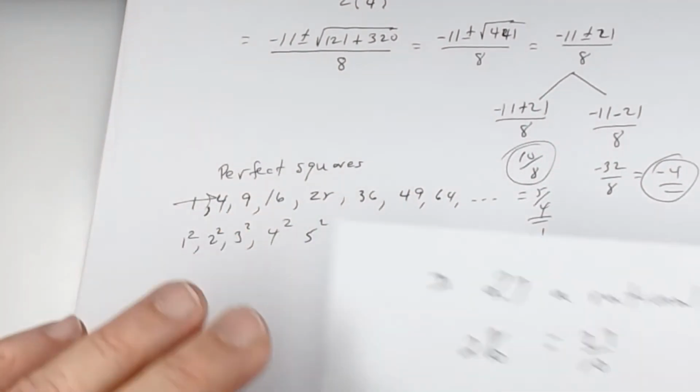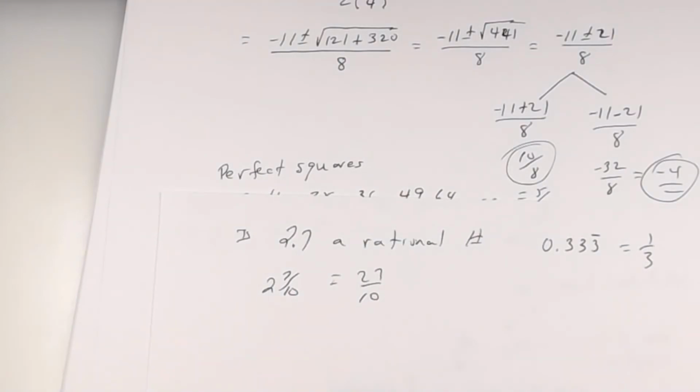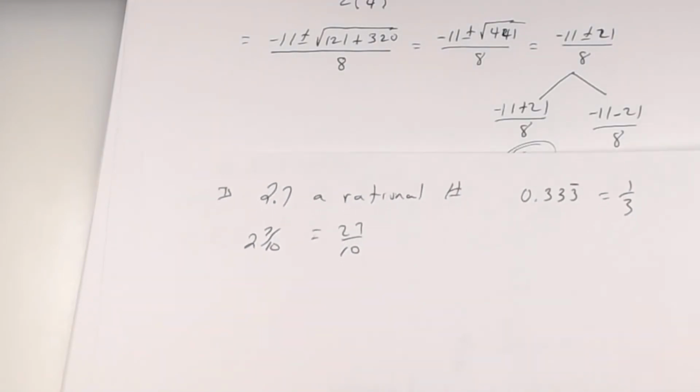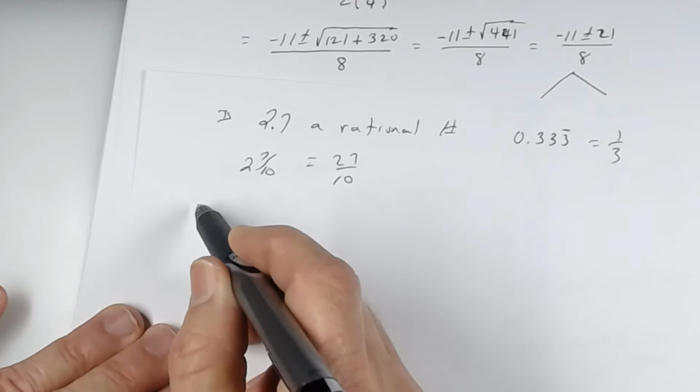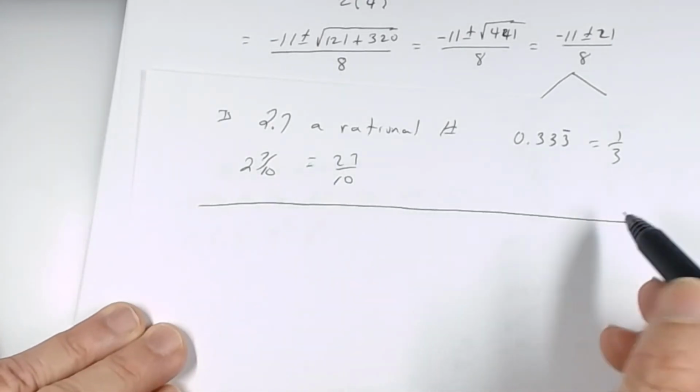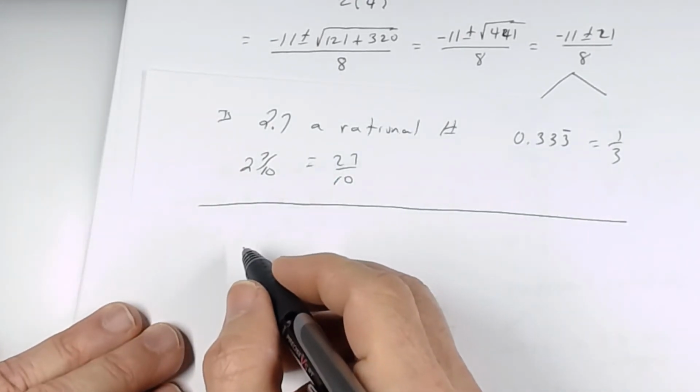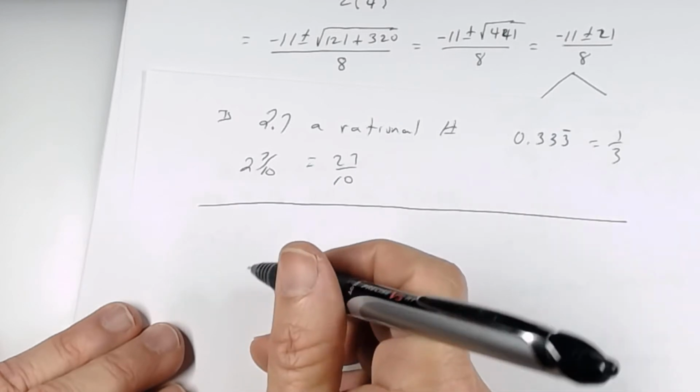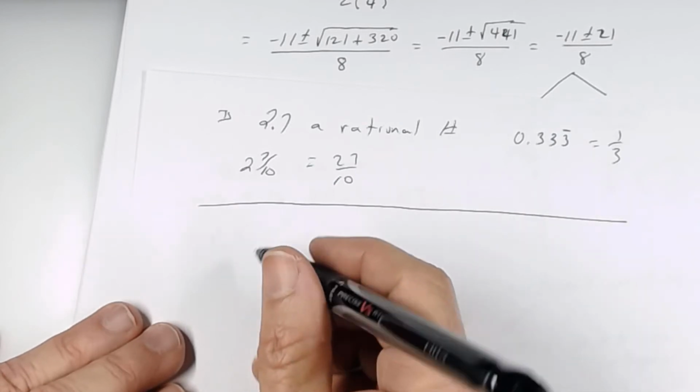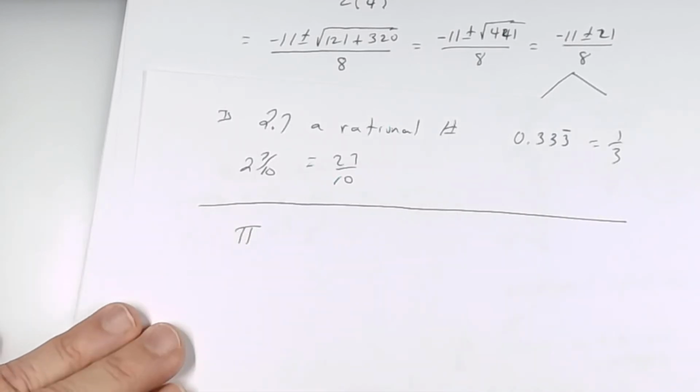So if a number's not rational, then it's what? Irrational. So the most common irrational number you dealt with in high school was the number pi. Pi is an irrational number.